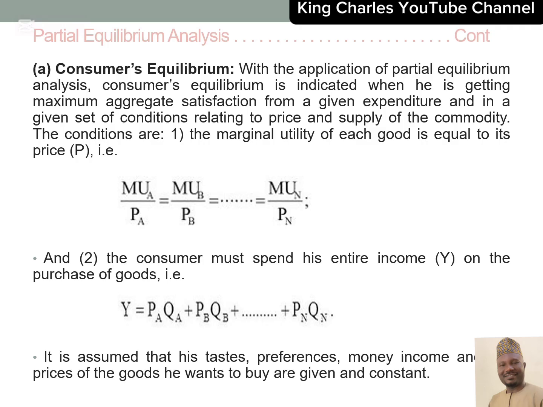You can have commodity A, commodity B, commodity C. The marginal utility of each commodity can be written as MU, which is marginal utility, MU subscript A. The marginal utility of commodity B can be written as MU subscript B. The marginal utility of commodity C can be written as MU subscript C. And continuing like that, to the last product, it can be written as MU subscript N. Now, remember that it must be equal to its price.